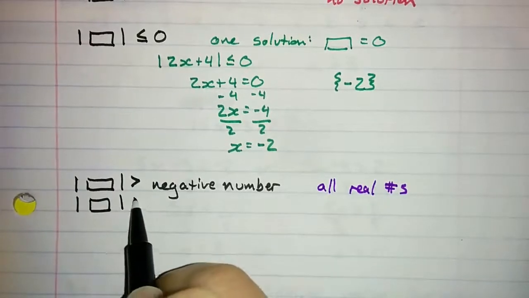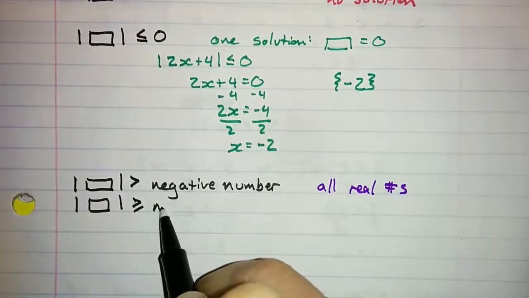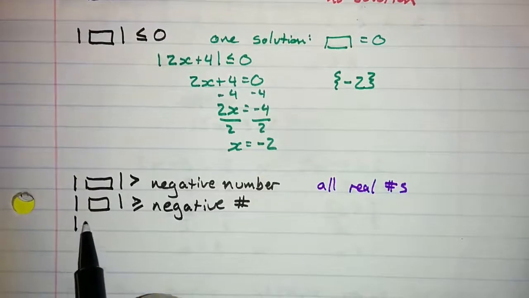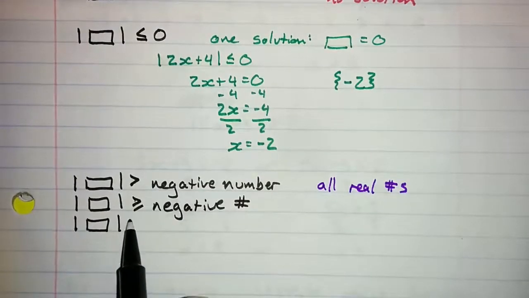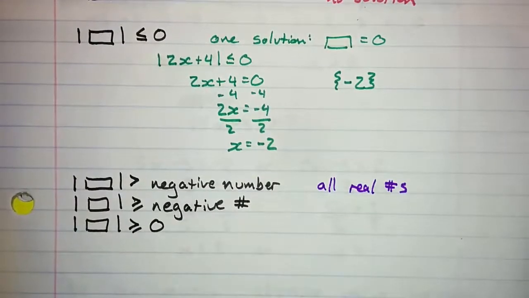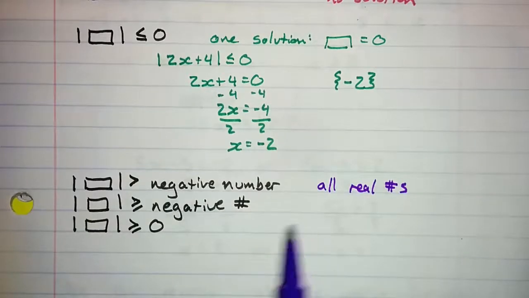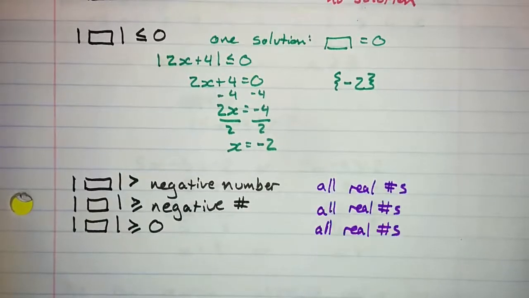Same with an absolute value is greater than or equal to a negative number, or an absolute value is greater than or equal to 0. Right? No matter what, everything's absolute value is a positive number or 0. It's greater than 0 or it's equal to 0. It's greater than every negative number.